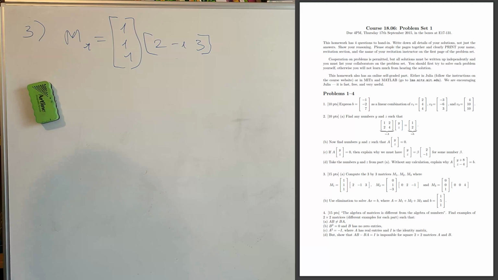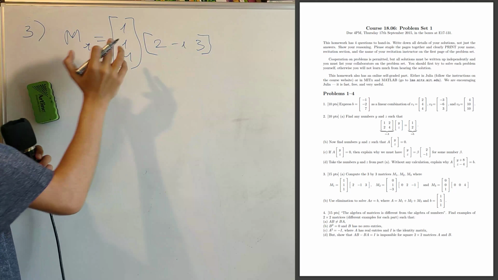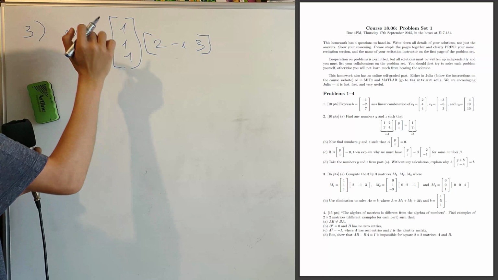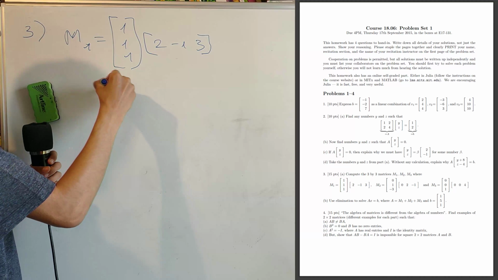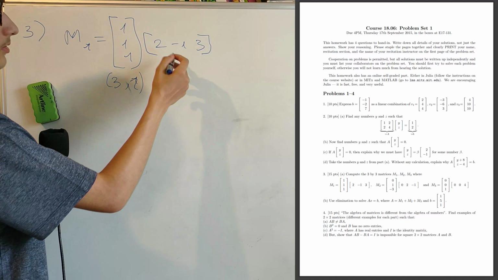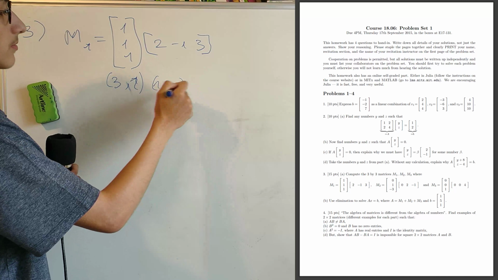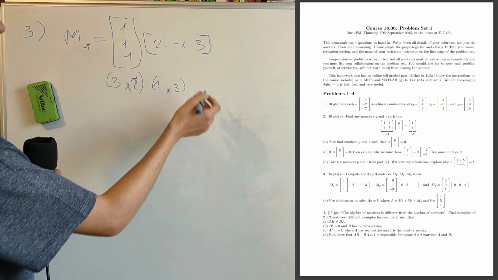What you need to do is first figure out the shape of M1. We know this is 3 by 1, and this is 1 by 3. So M1 would be 3 by 3.